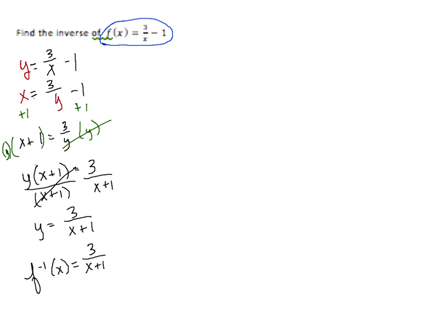I'm ready to verify. F composed with g. Or instead of saying g, I could say f composed with f inverse.